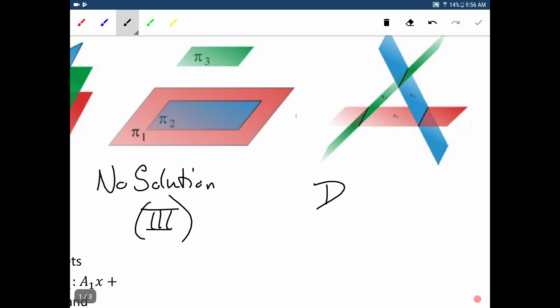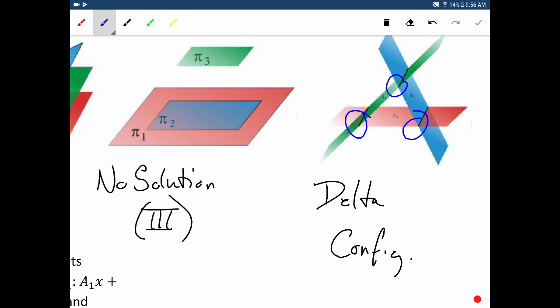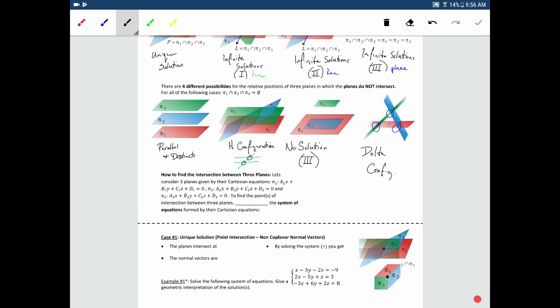You can see it's called that because it makes a triangle symbol, which is how we denote delta. Again, you can see they do cross here and here and here, but it's only ever 2 planes, never all 3.